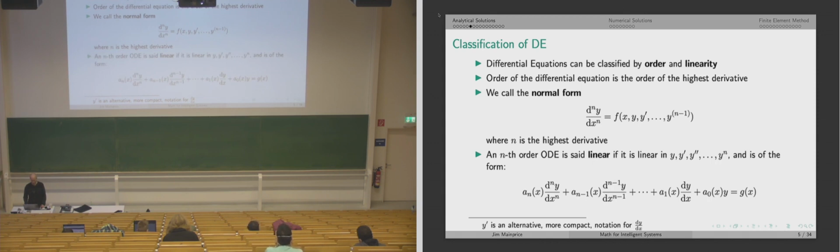So an nth order ordinary differential equation, an ODE, is said to be linear if it is linear in these derivatives and is of the following form. You can have differential equations that are not linear, for example, if two of the derivative terms are being multiplied in this form.